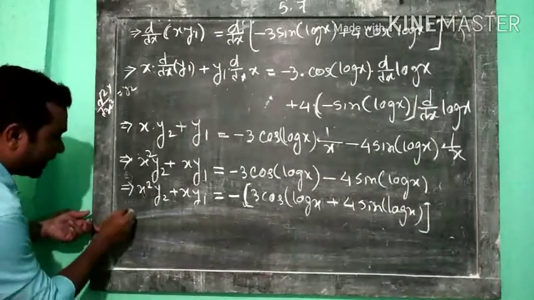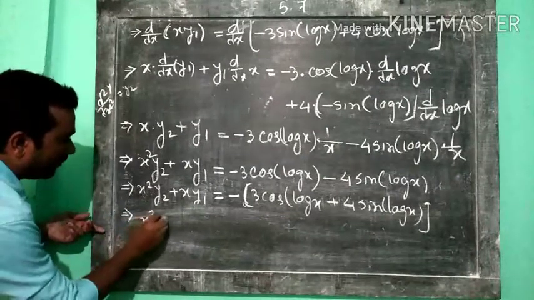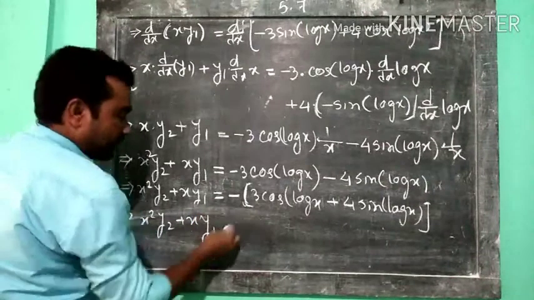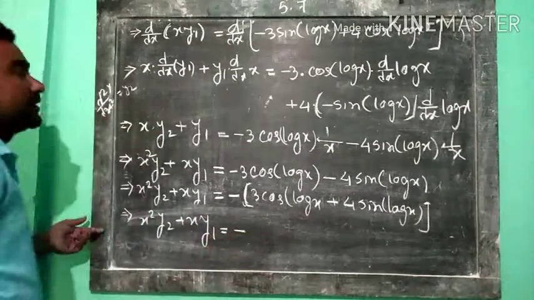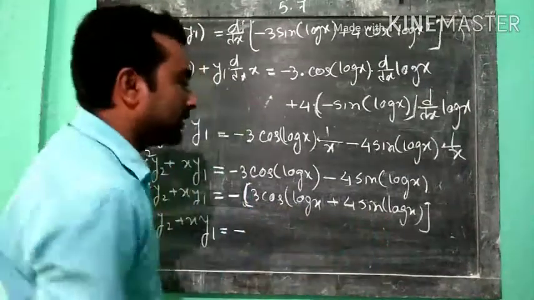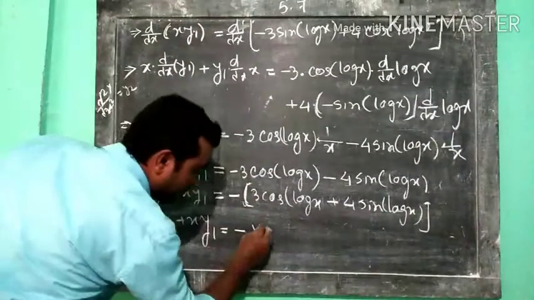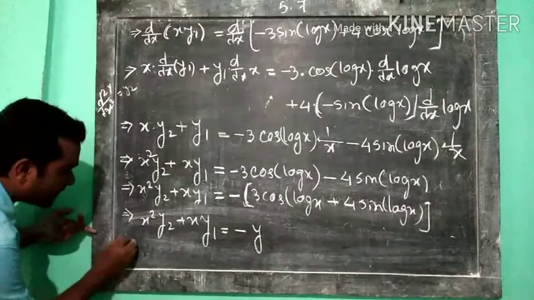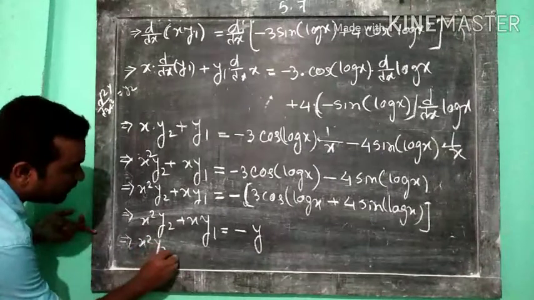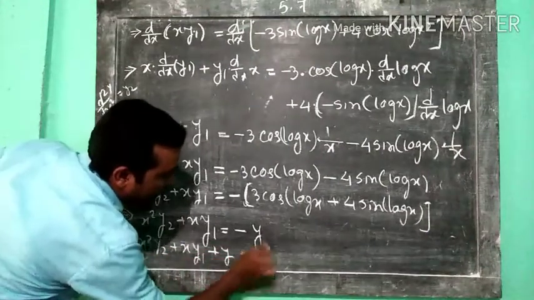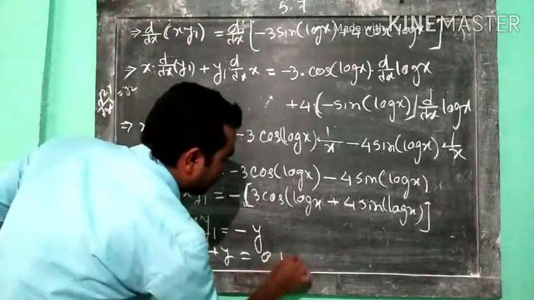This implies that x squared y2 plus x y1 is equal to minus y, where y is 3 cos log x plus 4 sin log x. This implies that x squared y2 plus x y1 plus y equal to 0. Hence proved.